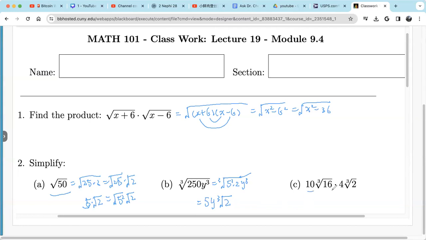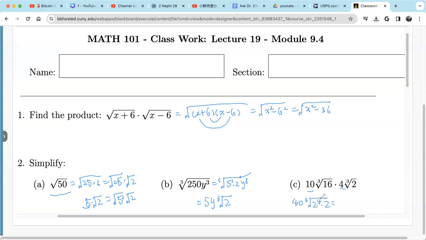C, we have numbers outside, right? So this is multiplication. So we would multiply 10 with 4, so get a 40. Then cubic root sign. Cubic root of 16. Well, 16 is 2 raised to 4, multiplied by cubic root of 2. So all under index 3, we can put them together.